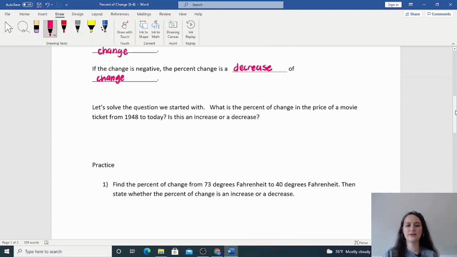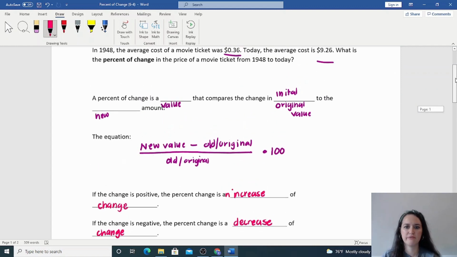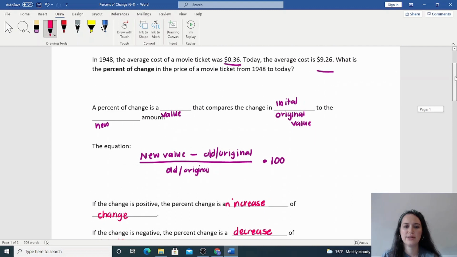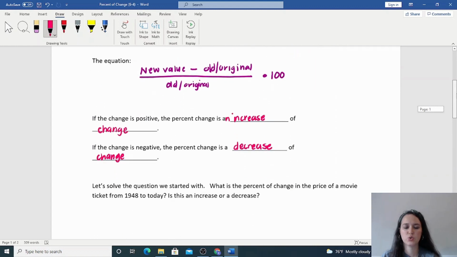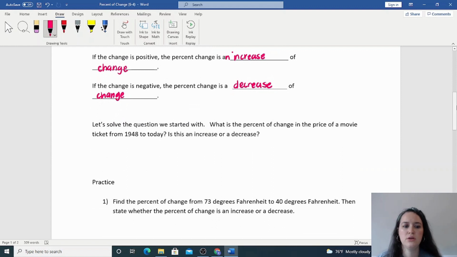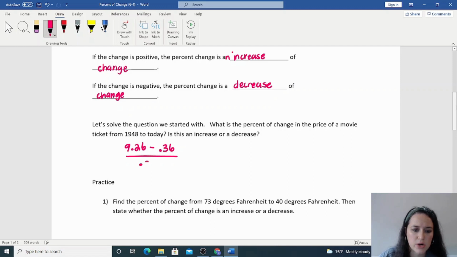Okay, so let's start with that question that we started with. So I need a little bit of info. So I've got 36 cents to 9.26. So I start with the new. So 9.26 minus the 36 cents over the 36 cents.